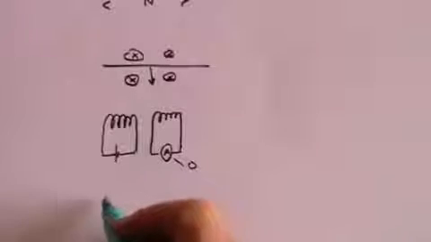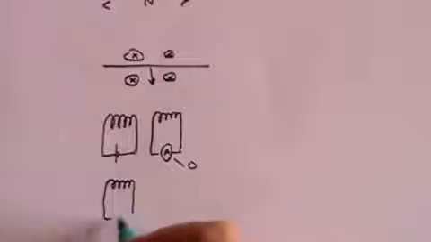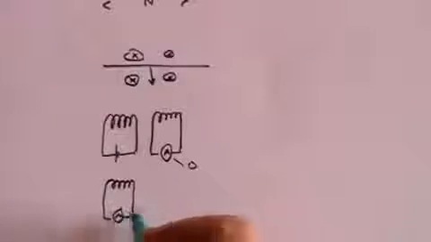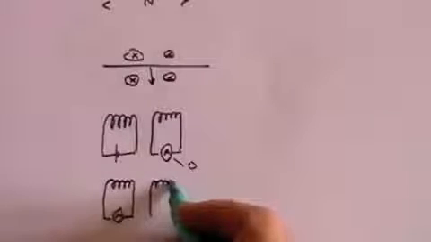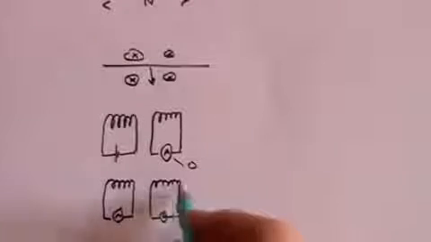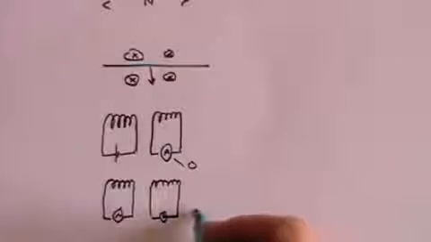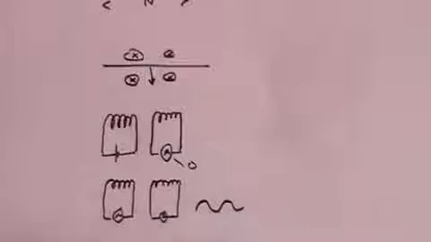But if I were to take exactly the same arrangement, but this time connect it to an alternating current mains, what you will see on the ammeter is that there will be an induced current that will flow round this circuit, and it also will be an alternating current, and that's called an induced current.